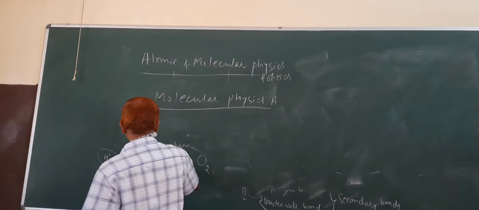This negative means most of the time these electrons of hydrogen are available on the oxygen atom. They spend more time on the oxygen atom. For that reason, this end appears negative and this end appears positive. This is the negative end, this is the positive end. This negative end attracts another hydrogen atom. Another molecule is like this.